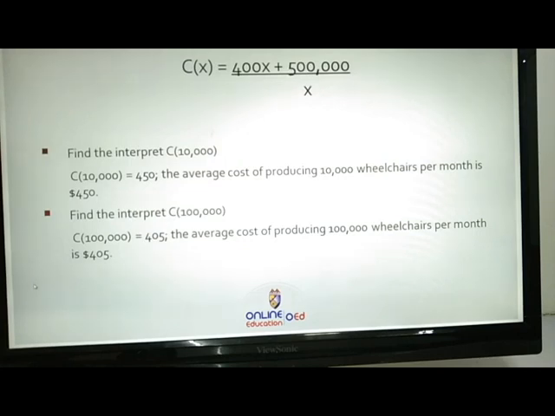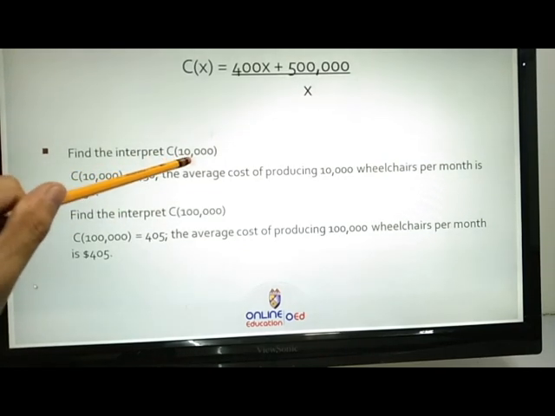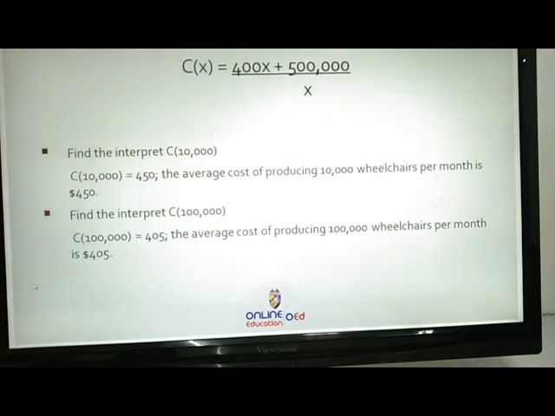Next, find and interpret if the wheelchair is 10,000 pieces. Okay, for C of 10,000, we have 450. So the average cost of producing 10,000 wheelchairs per month is 450.